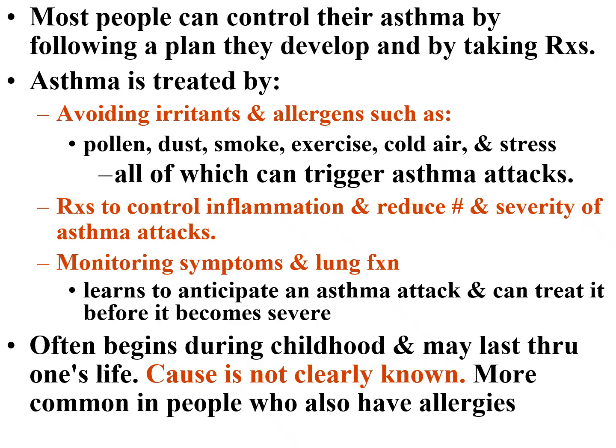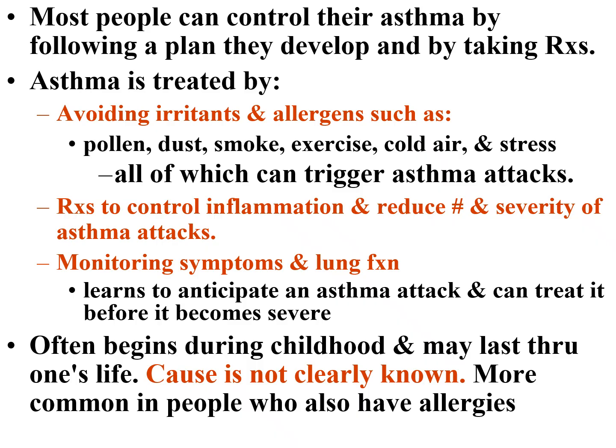And monitoring for symptoms and lung functioning, learning to anticipate an asthmatic attack. Most individuals who have asthma, it's not something that they acquire in adulthood. It can be, however, it's oftentimes brought on very early in childhood, for example. So the individual learns to live with it over many, many years and possibly even decades.